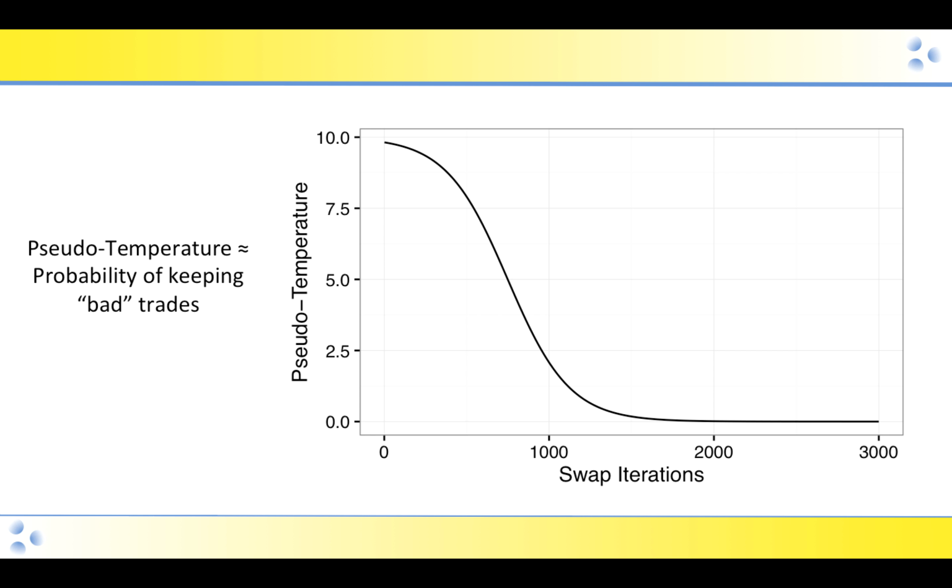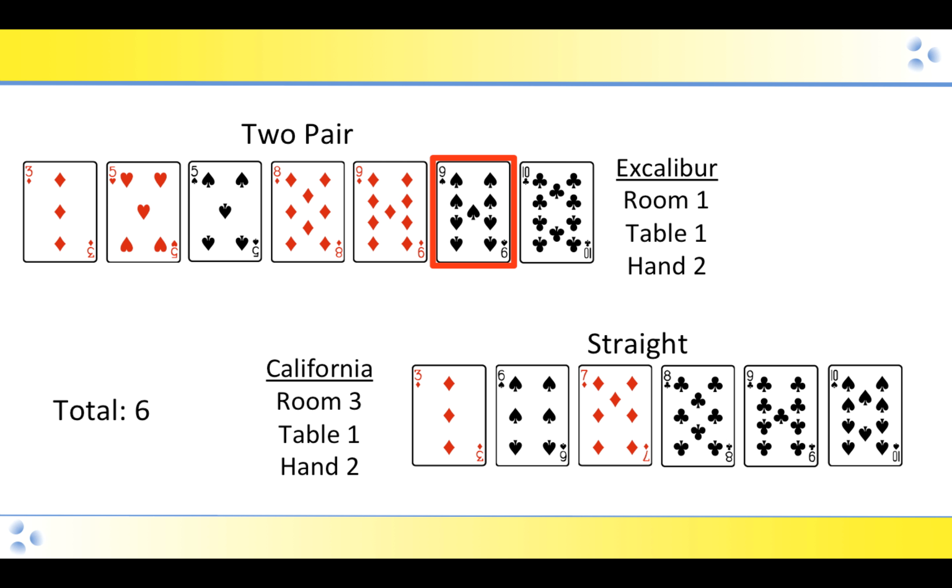And then as time goes on, as we ramp the temperature down, the probability of those bad trades happening goes down significantly, all the way down to the point where we're not making bad trades anymore. What we found is that this helps get out of sticking points where doing trades that might not be good early on might be better for the overall configuration later. And so if we allow those trades to happen early on, it gives us a higher probability of reaching an optimum solution later.